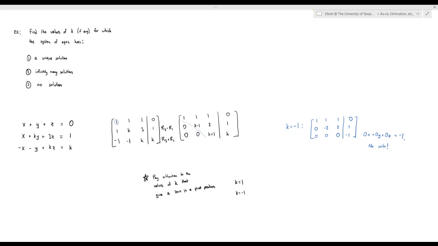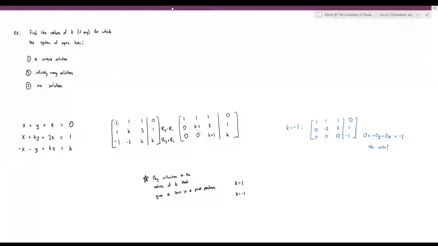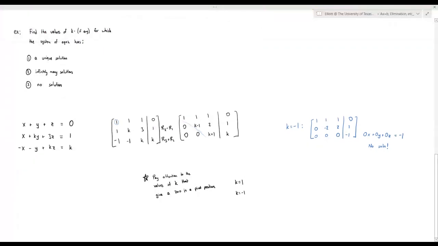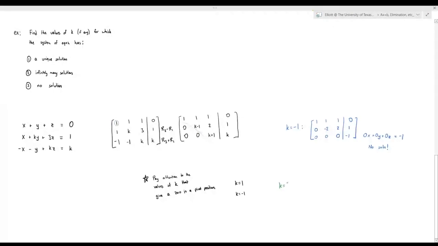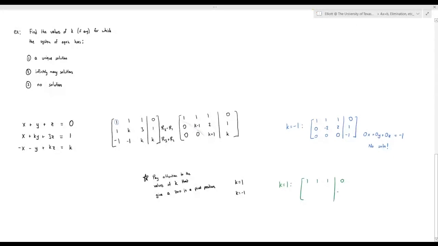Okay, let's take a look and see what's going on when k is equal to 1 as well. When k is equal to 1, we're also going to be missing a pivot. So here, when k equals 1, that's a 0, so we're missing a pivot.